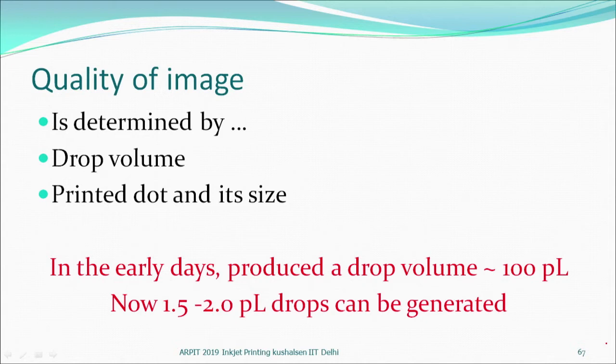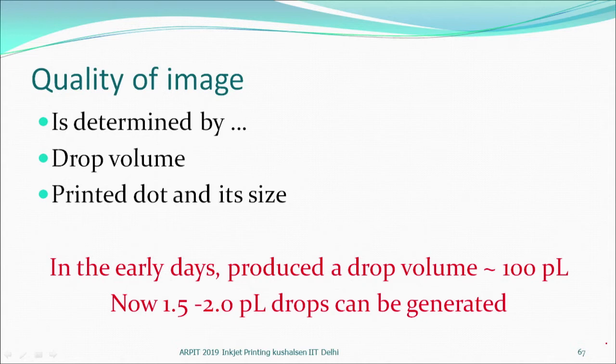And why? Because it can control the drop volume, which means the size of the printed dot can be controlled. In the earlier days, the drop volume could be 100 picoliters. Now, therefore, the dot size was high.